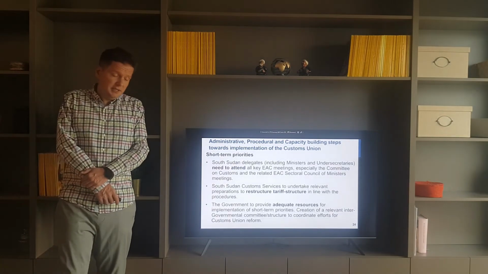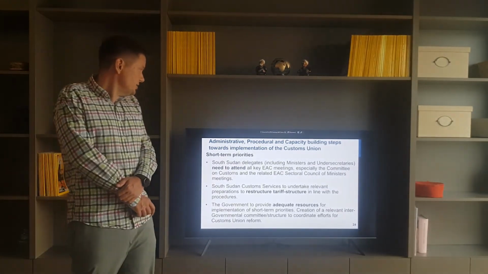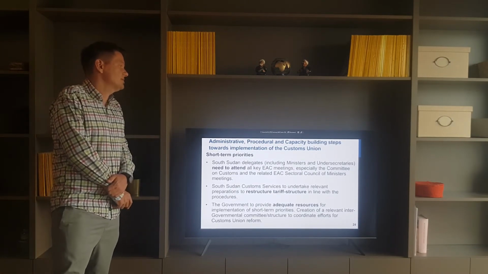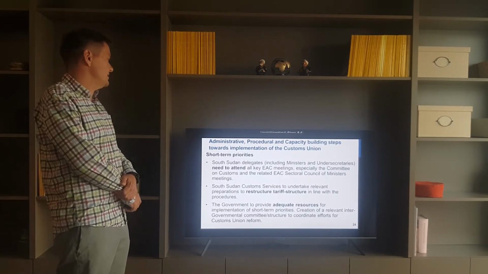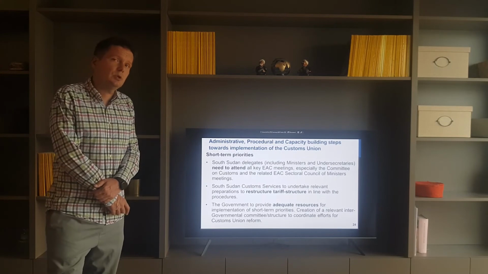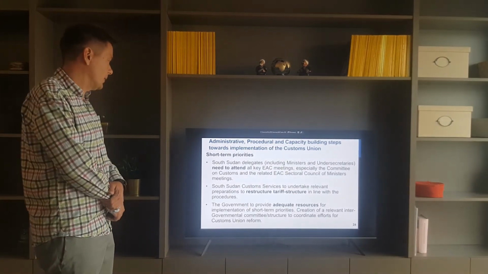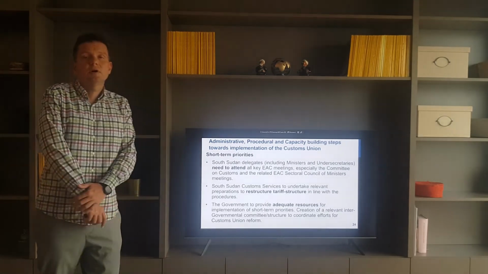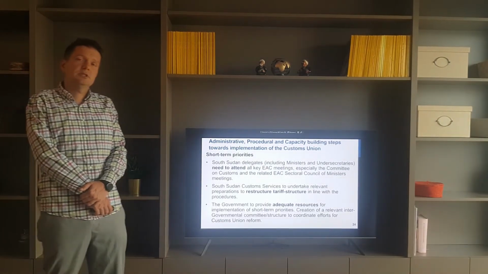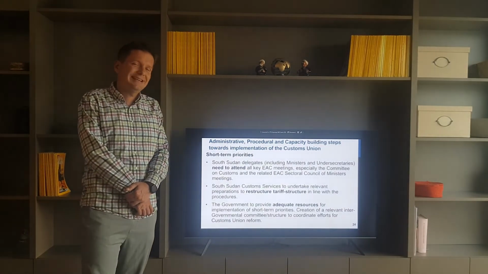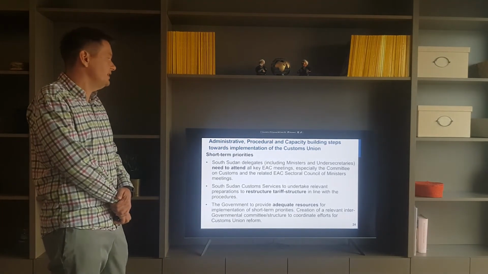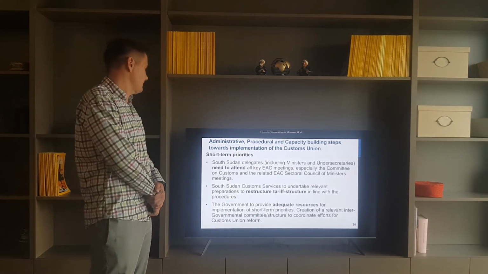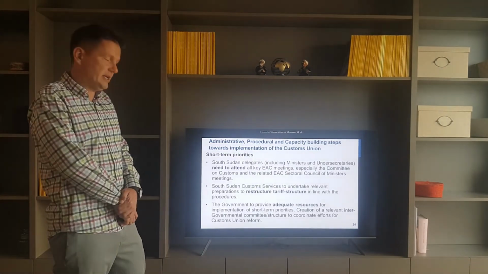Okay, so we're heading towards the end of this presentation, but before that I would like to talk about administrative, procedural and capacity building steps towards the implementation of the Customs Union and the Customs Modernization Program. Short-term priorities: it is critical for the Customs and the National Revenue Authority to attend all the relevant meetings of the EAC Sectoral Council and EAC committees in the area of customs.